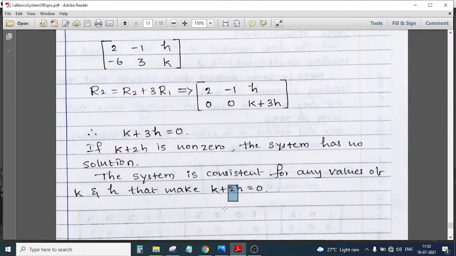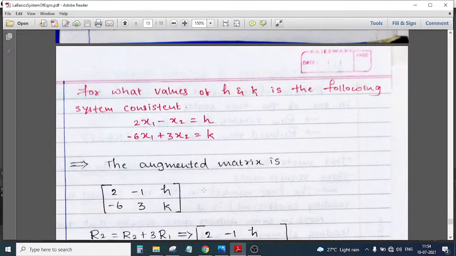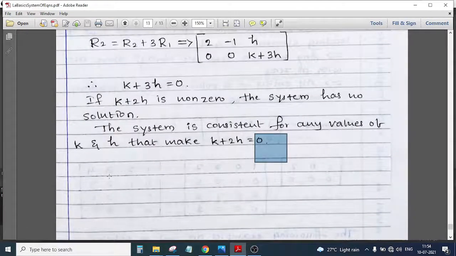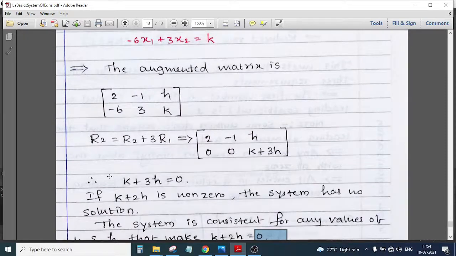So what we are trying to do here friends, we need to find our values of k and h in such a way that the RHS must be equal to 0. Like say for example, any values which you can iterate and find out. So those values, if you find out, are the values which will tell us that it is a consistent equation. Okay, very simple, right?